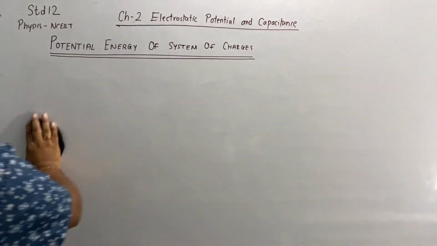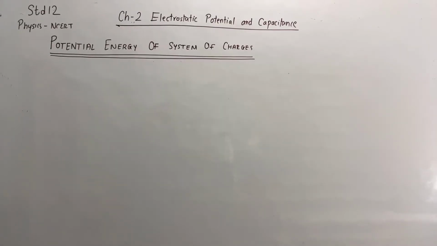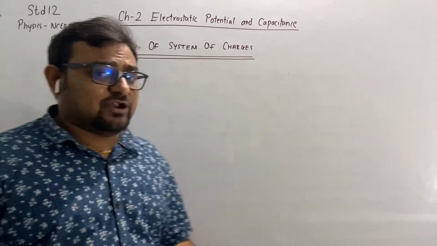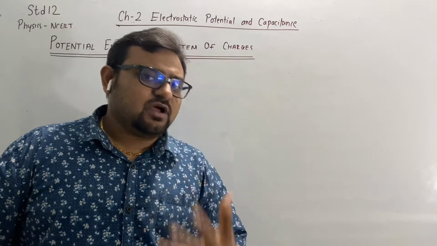At first we are imagining that there is no point where there is any charge, meaning no charges are present, though we have already started discussing that there are three charges. We have to find out the potential energy.